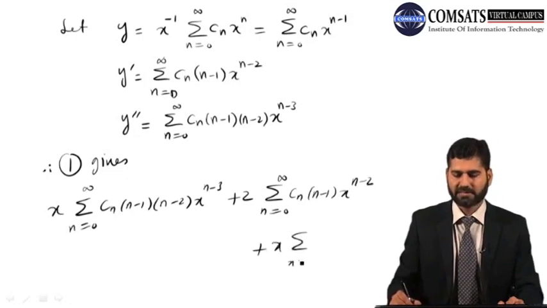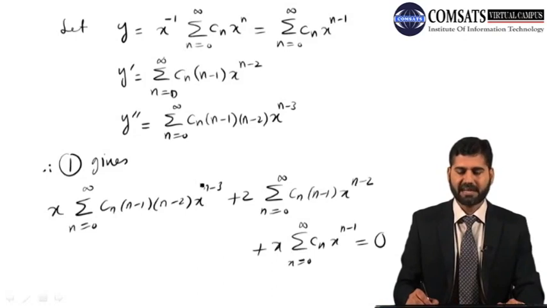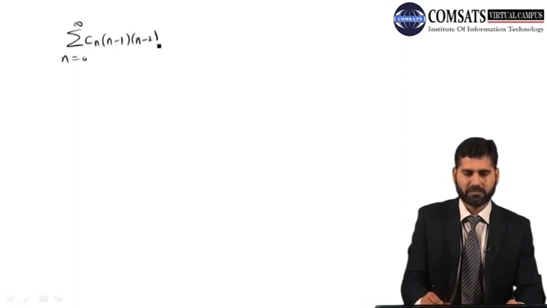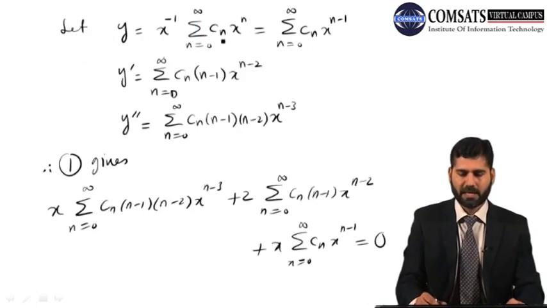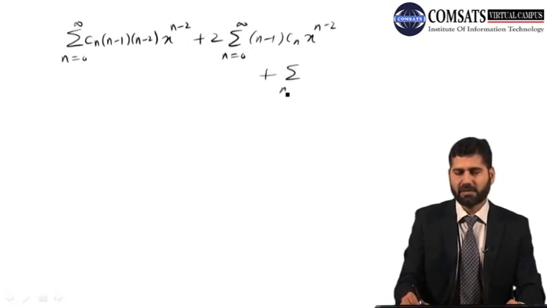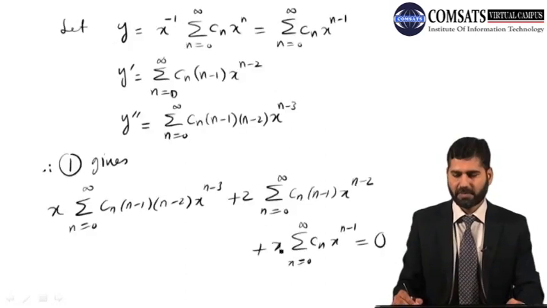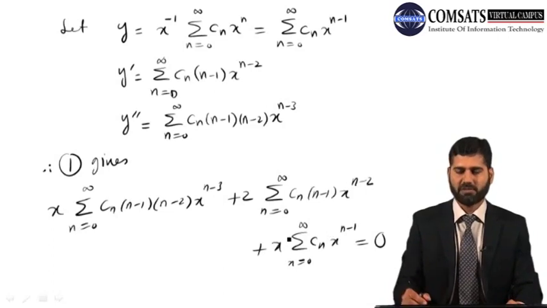So x times y is the sum from 0 to infinity of Cn x^(n-1), equal to 0. If I multiply x inside, the first term becomes x^(n-2), and plus 2 times (n-1) Cn x^(n-2), and at the end it will become Cn x^n, equal to 0, because multiplying x inside, it becomes n minus 1 plus 1, which is x^n.